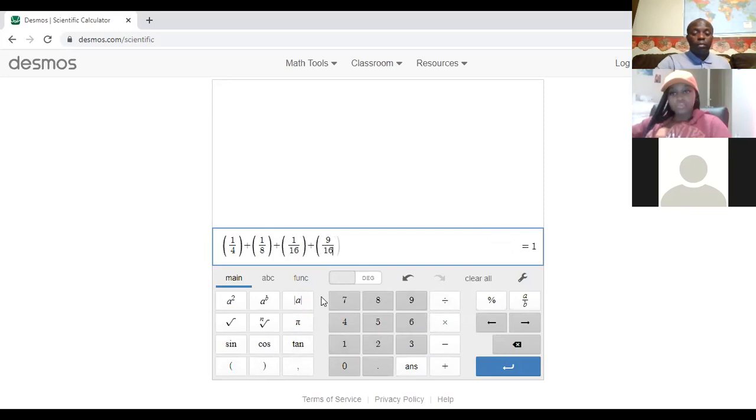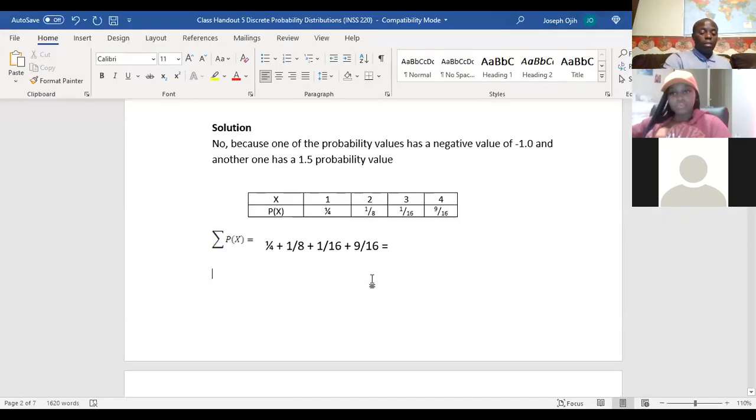See, they add to 1. They all give us 1. So the answer is 1, so that means it is yes. It is a probability distribution, because the sum of the probabilities equals 1.